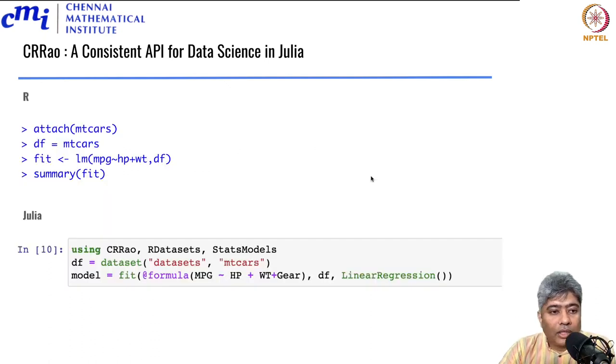Now this is how you will implement it in R, and in Julia all you have to do is, instead of lm, you just call fit, and then at the rate of formula, the exact way you have given it in R, the exact way you give it in Julia, then the data frame, and then you say linear regression. That's it. And if it is logistic regression, then you say logistic regression. If it is Poisson regression, say Poisson regression. Because of multiple dispatch, fit is still there. For each, all you have to do is fit.